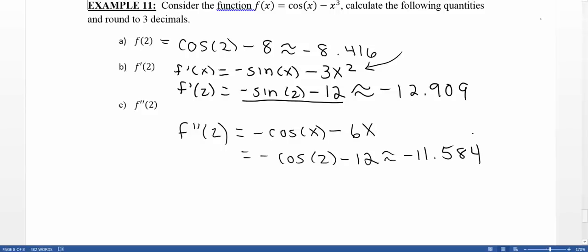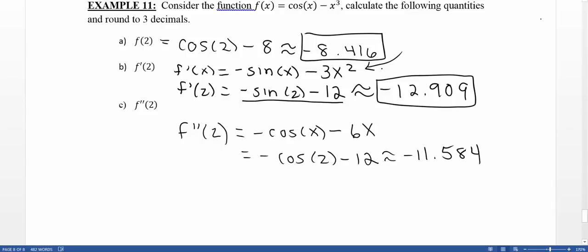So here, this negative 8.416, that's going to tell us that the function is negative at x equals 2, which means it's below the x-axis. Because the derivative is negative, that tells us the function was decreasing at 2, because again, if your function's decreasing, your first derivative is negative.